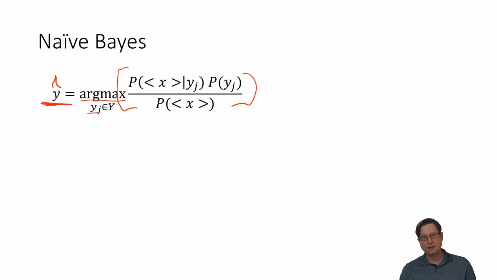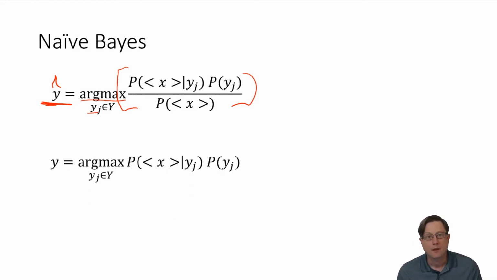Let's take this and go one step further. For any particular classification task, the actual x doesn't matter, because you're just comparing the possible class labels for that particular sample. You don't need to know how likely that sample is to figure out which class label has the highest probability, because this will be the same for all of them.